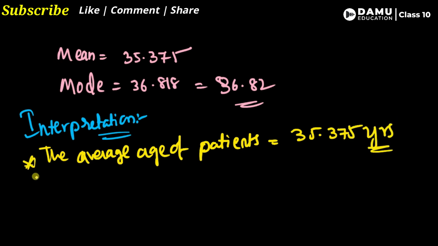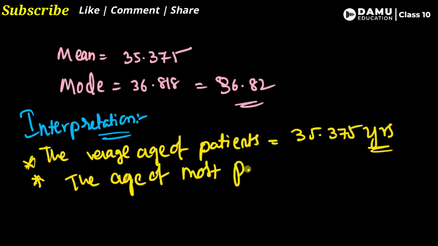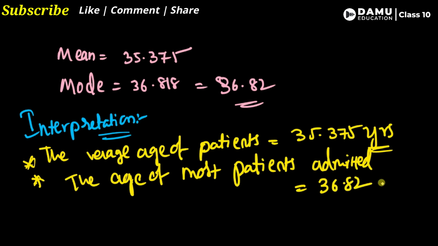Again, the next one, what is the other interpretation? The age of most patients who are admitted will be equal to 36.82 years. So like this we have to find it.